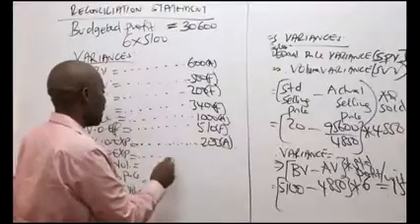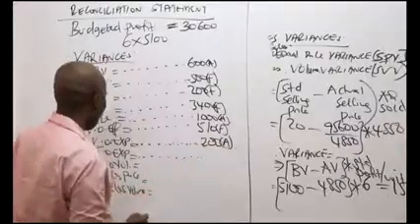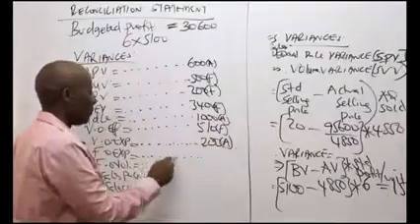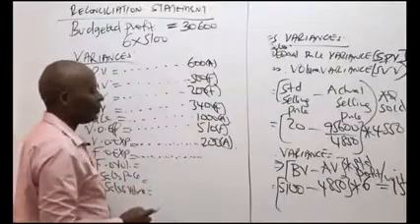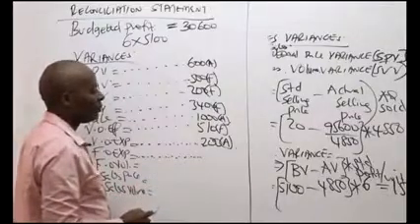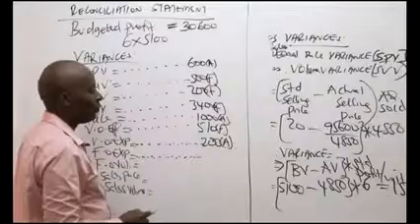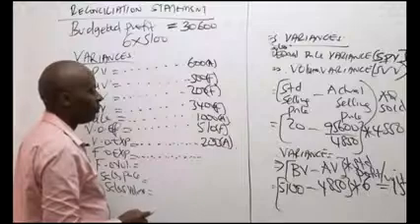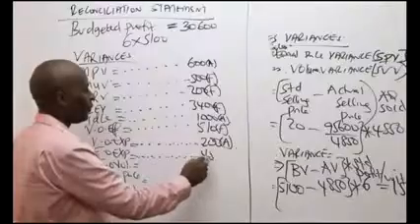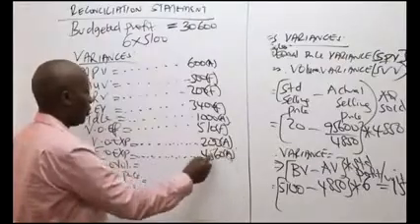So fixed overhead expenditure: 4,560 adverse. Thank you.